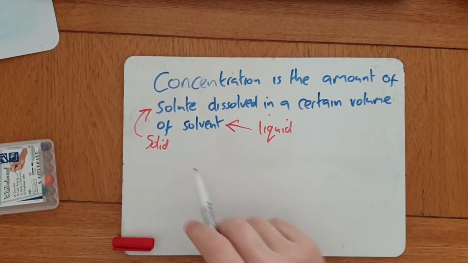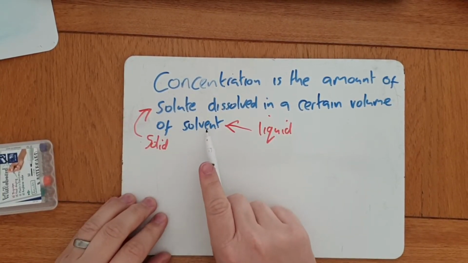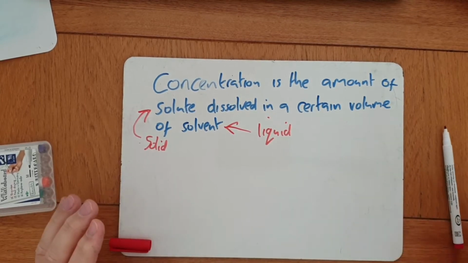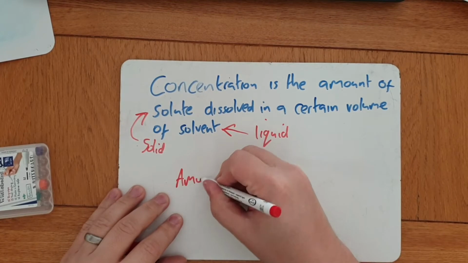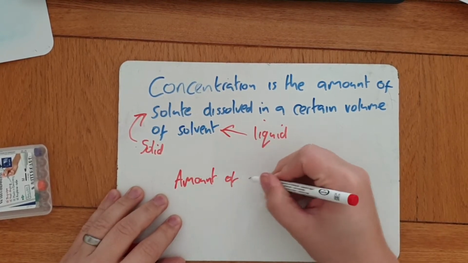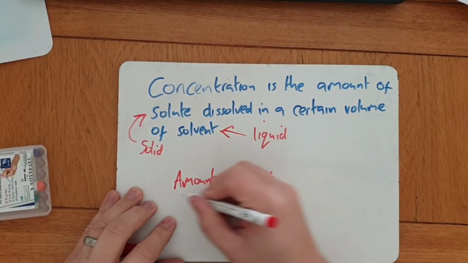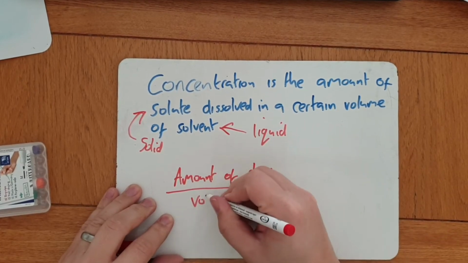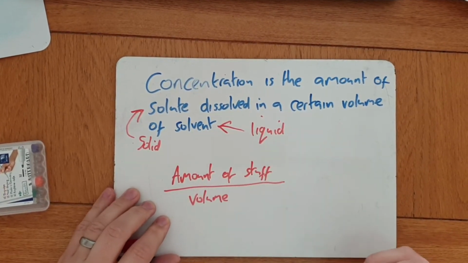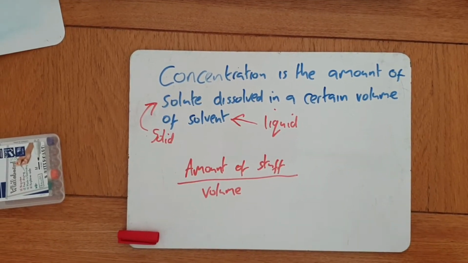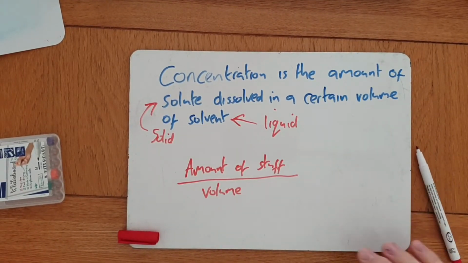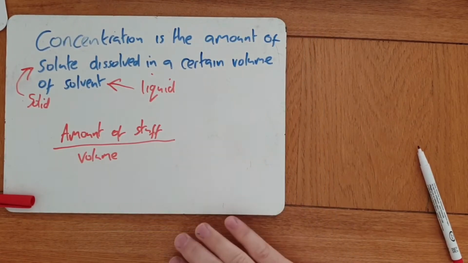So it's measuring how much stuff you've got dissolved in a certain volume of liquid. If we're going to do that as an equation, you'd have the amount of stuff dissolved in a certain volume. We'll make this a bit more technical later, but for now we're just going to go with amount of stuff.